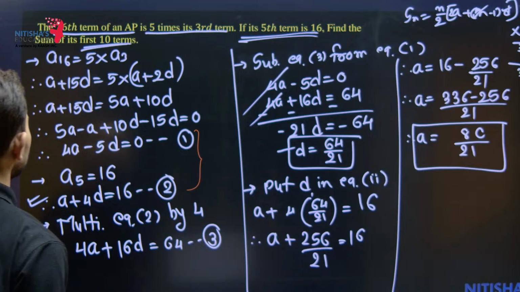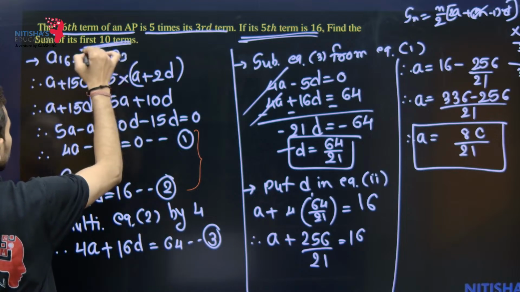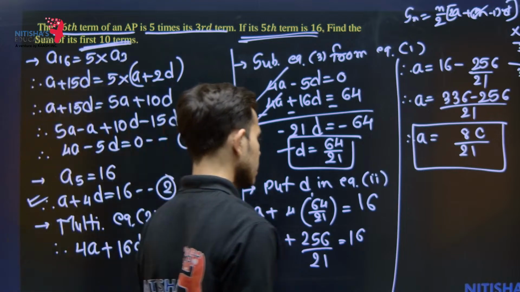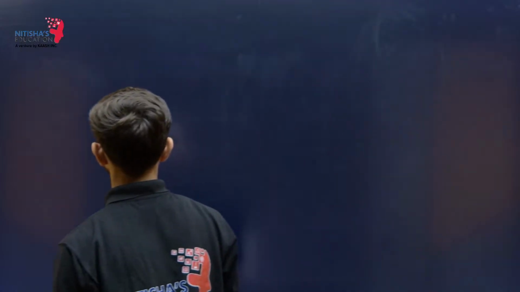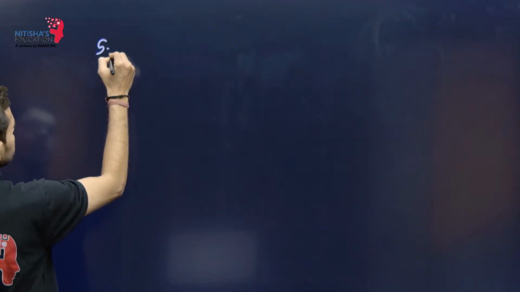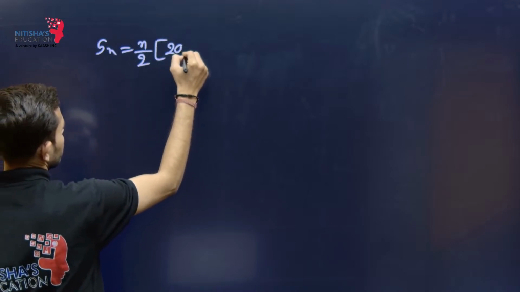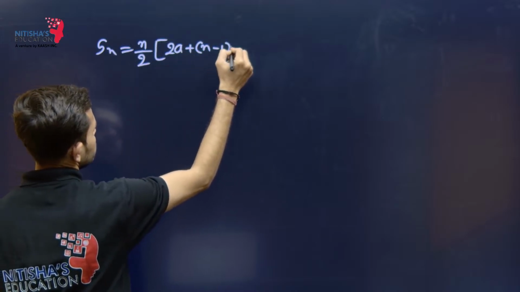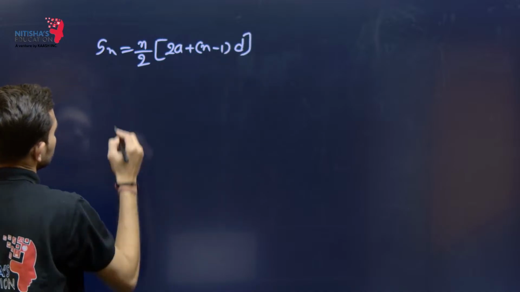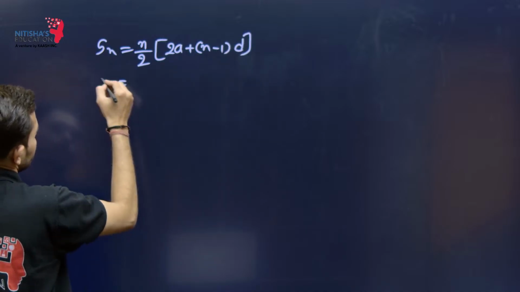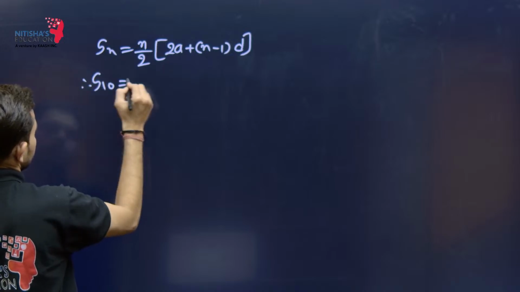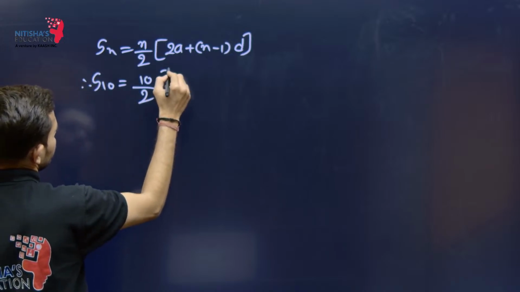Now we want to find the sum of the first 10 terms. For that we need to use the equation Sn is equal to n upon 2 in bracket 2a plus n minus 1 into d. We have the value of n, which is 10 upon 2.